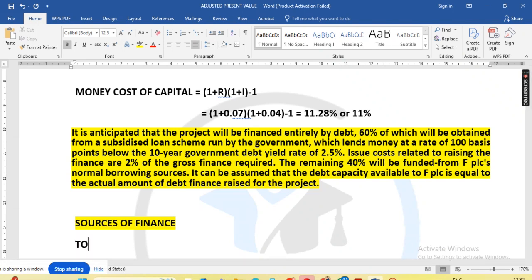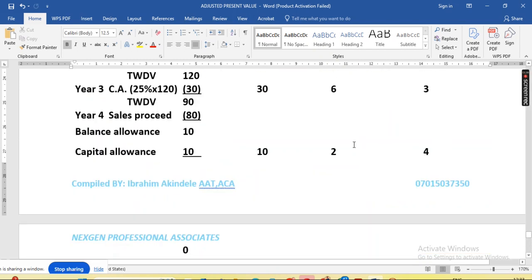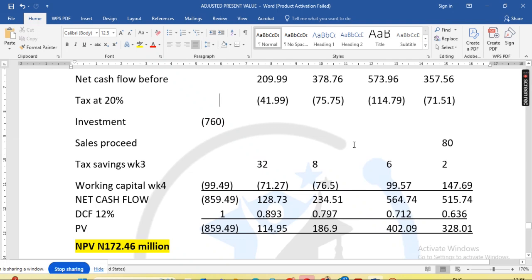Now, total investment cost is equal to the investment plus the working capital. So what is the investment from the question? Let's quickly go back and check what the investment is from our PV. The investment is 760. Is that not so? What is the working capital?